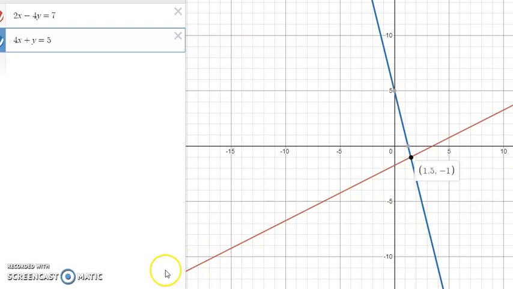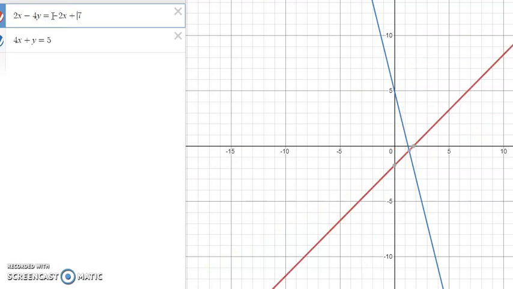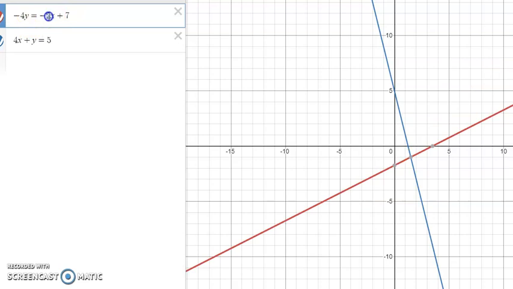Now, if we wanted to verify using a calculator, using our Desmos program, what you would need to do is rearrange both formulas and put them into slope-intercept form. So by doing that, that would take the 2x over here, so it would be minus 2x plus 7, right? That would get rid of the 2x, and then I would divide each by negative 4.